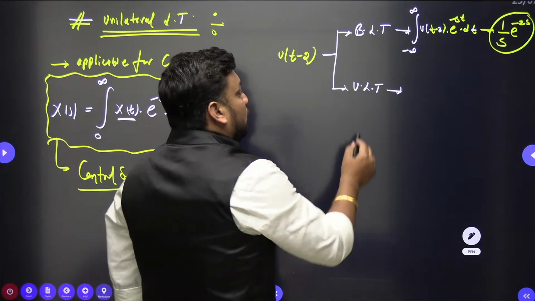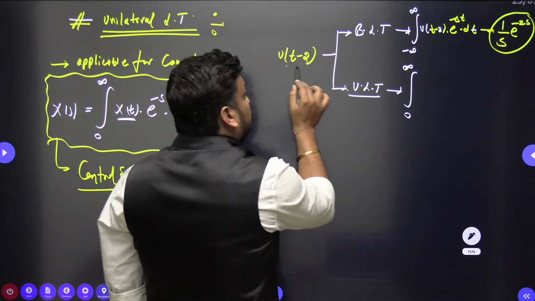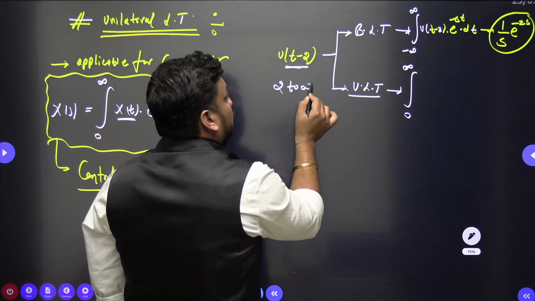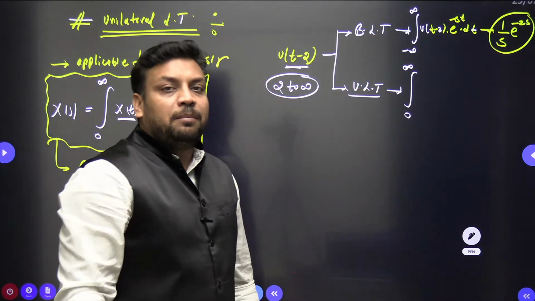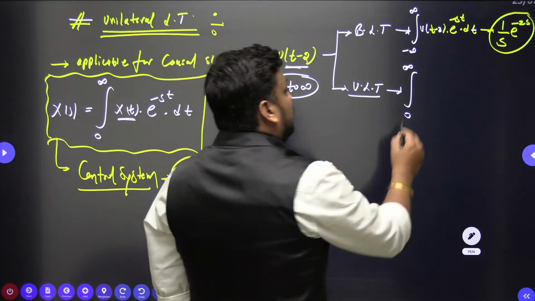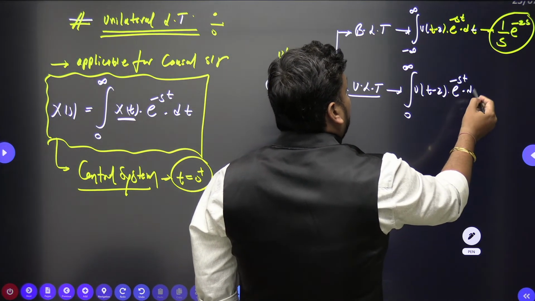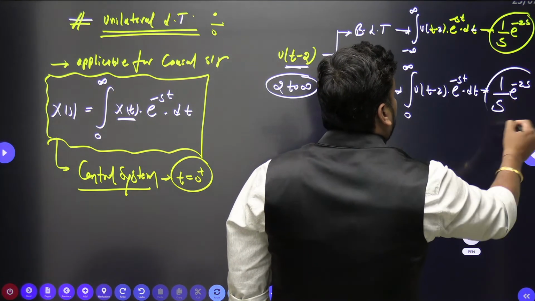But if I talk about the unilateral Laplace transform, the limit is 0 to infinity, and u(t minus 2) has its limit from 2 to infinity, which is satisfied by both BLT and ULT. So in this question the result will remain the same, 1 upon s into e to the power minus 2s.